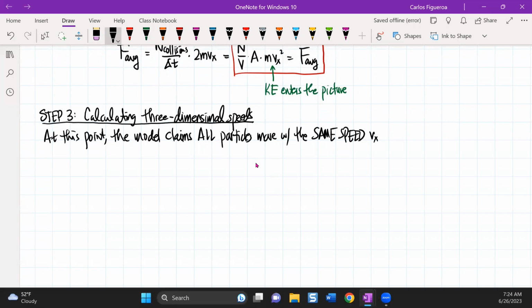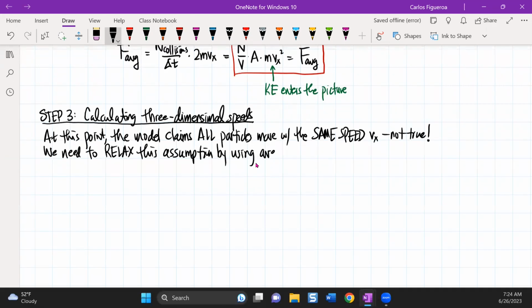Obviously, that can't be true, right? Not true. So we need to relax this assumption by using averages.